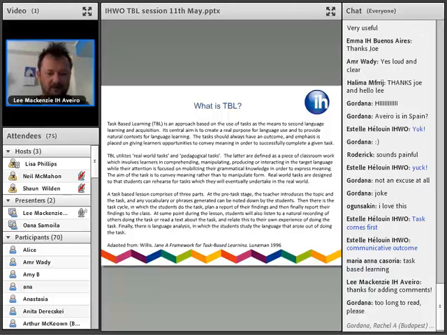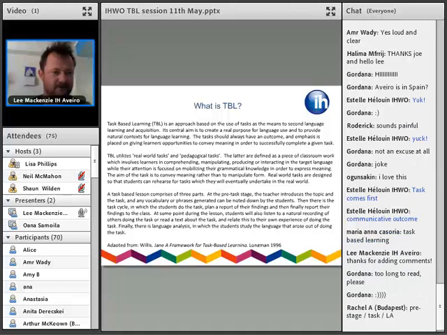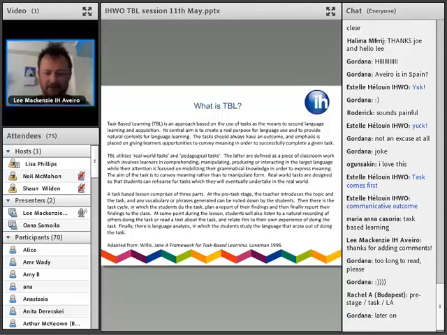I see a few of you have already added some comments to the chat box. Yes, too long to read, but it's very hard to summarize it in fewer words. Okay, pre-stage task, good. Yeah, so I think you've identified there are 3 parts to a task-based lesson, which is in the 3rd paragraph there. Don't worry if you miss anything because you can watch the video later.